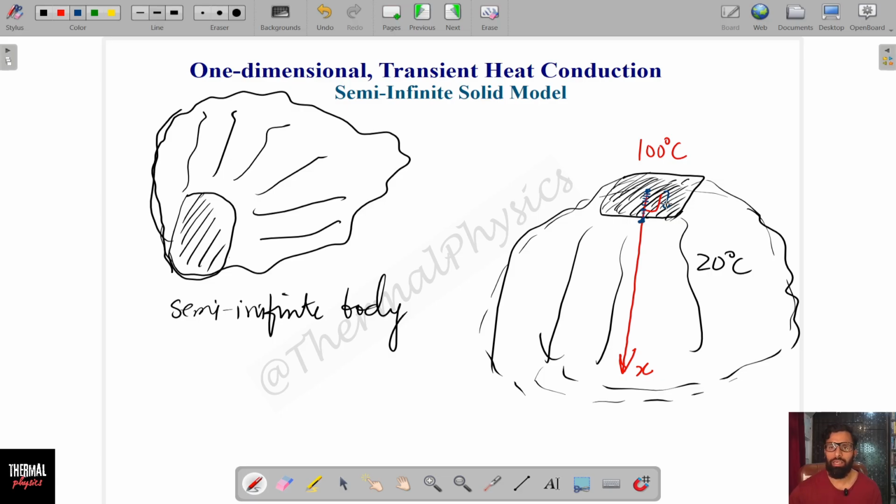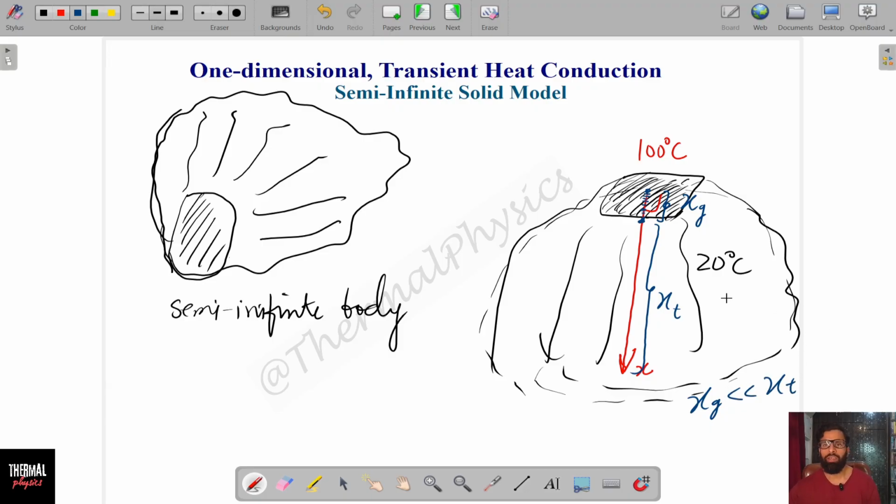If we call the thickness in which the temperature gradient exists x_g, and the total thickness x_t, then x_g will be much smaller than x_total.